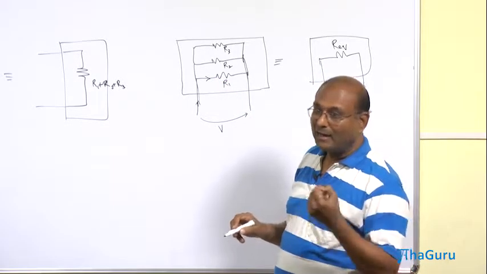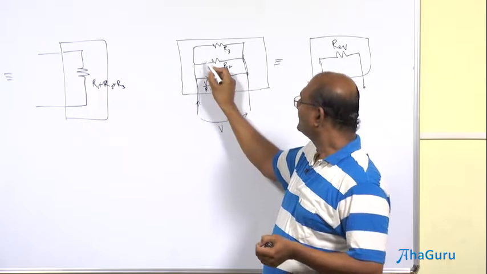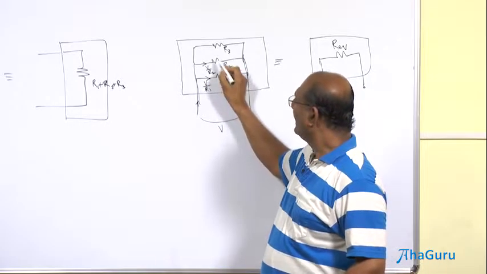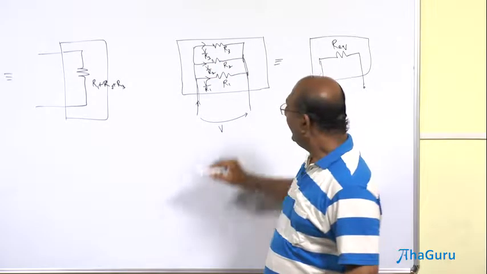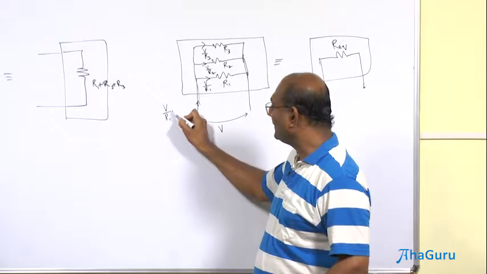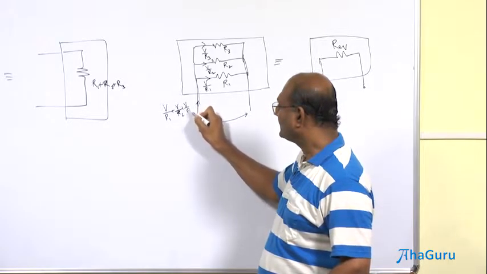V by R1, which is I1. What is this current? V by R2. And what is that current? V by R3. And so this current must be V by R1 plus V by R2 plus V by R3.